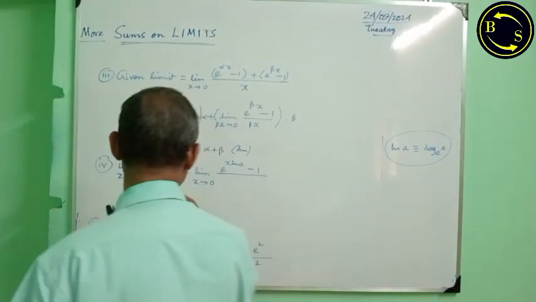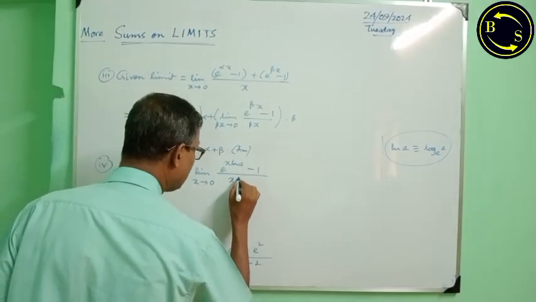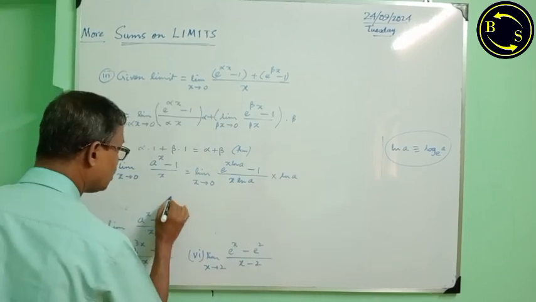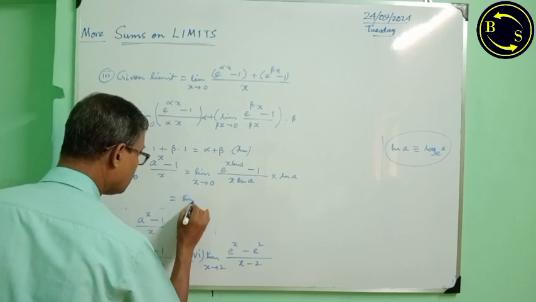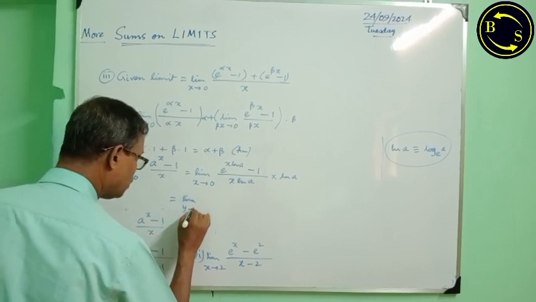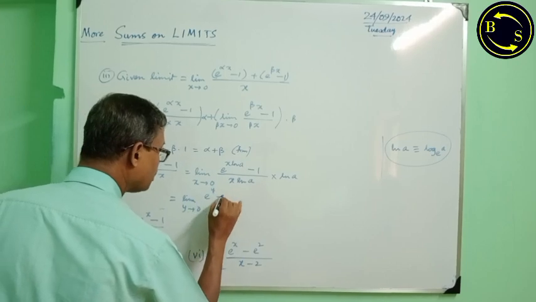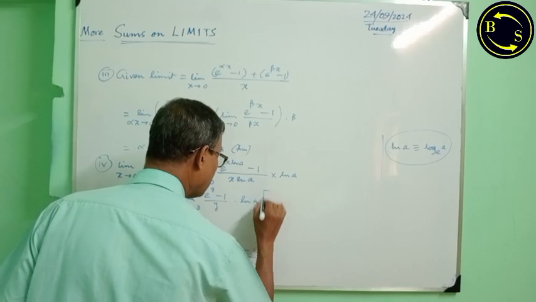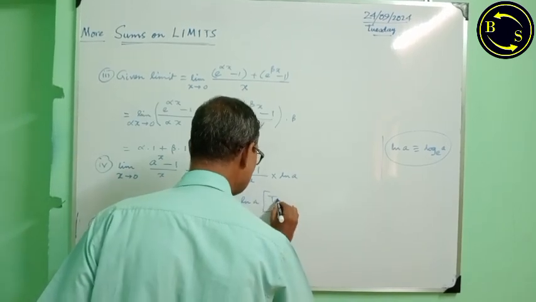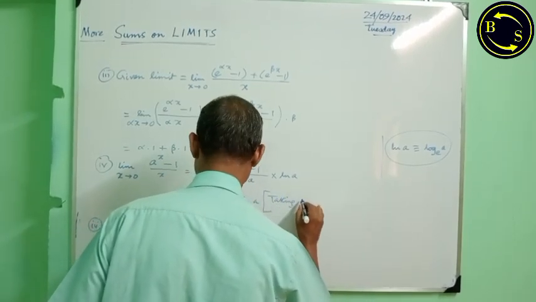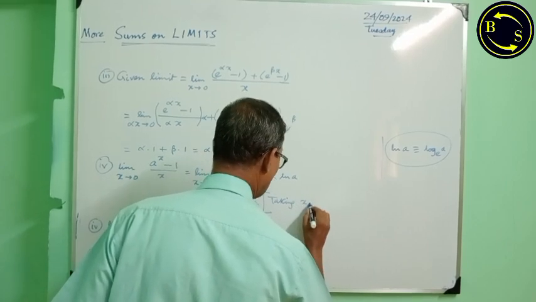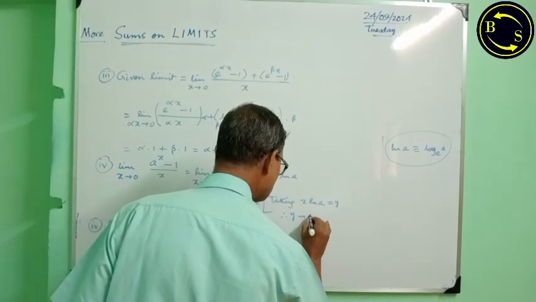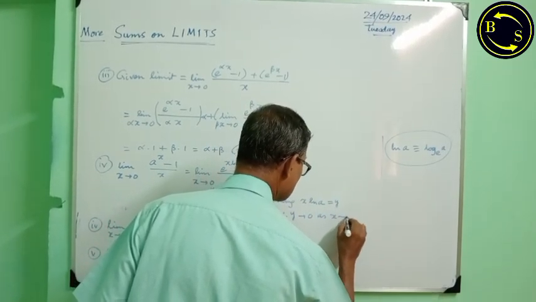Now in place of x, I write x log a whole into log a. Now limit y tends to 0 e to the power y minus 1 by y into log a. Here I have changed the variable taking x log a equal to y, therefore y tends to 0 as x tends to 0.